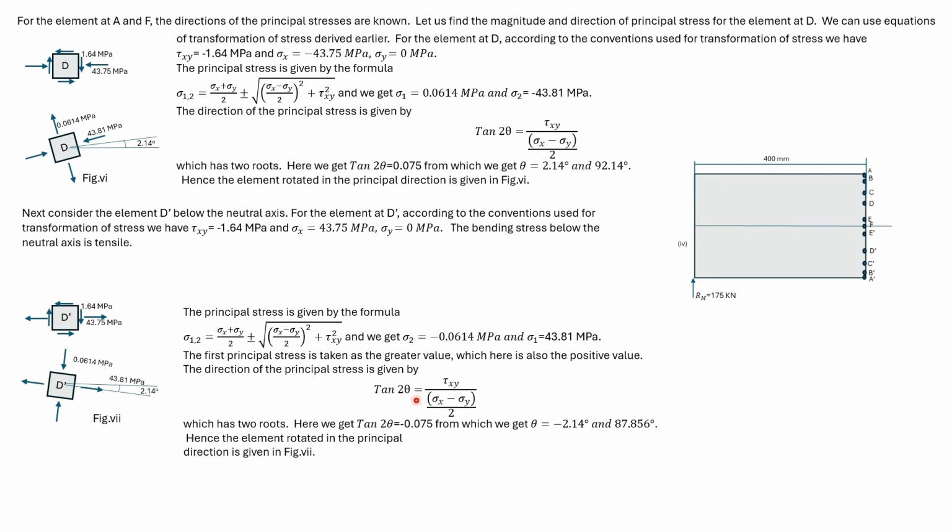Substituting in the formula for direction, we get tan 2 theta, from which we get two values of theta. So if this element is rotated by 2.14 degrees in the clockwise direction, then it will align with the principal directions.